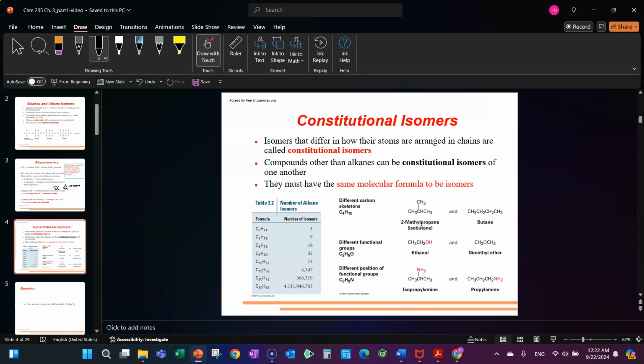One, where you go from a straight chain to a branched chain, or second, where you have changed the functional groups. Here we have an alcohol functional group, and here we have an ether. Or you can place the functional groups at different positions. That will also give you an example of constitutional isomers.